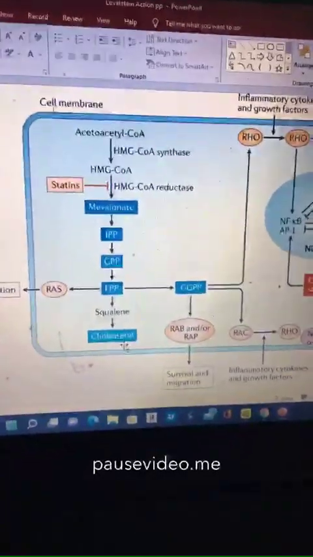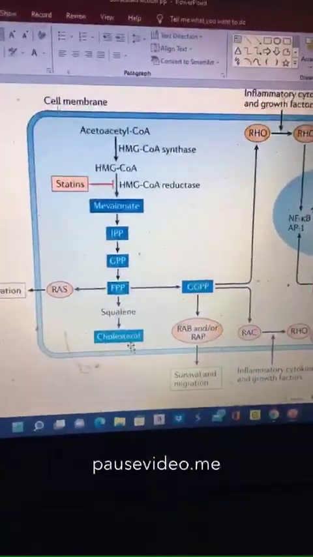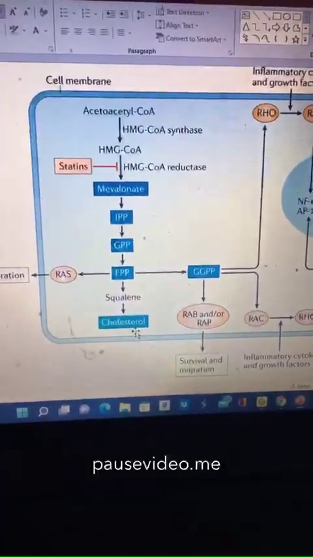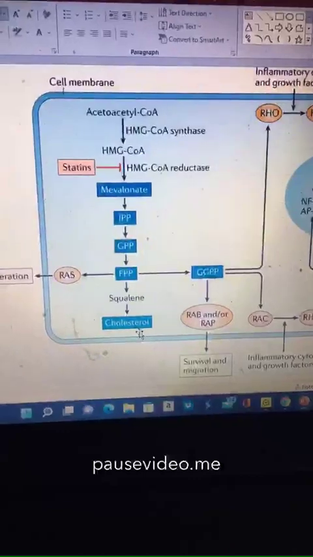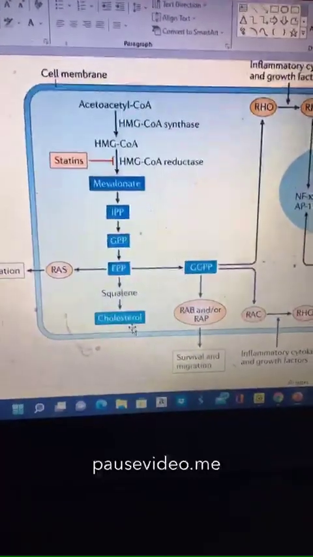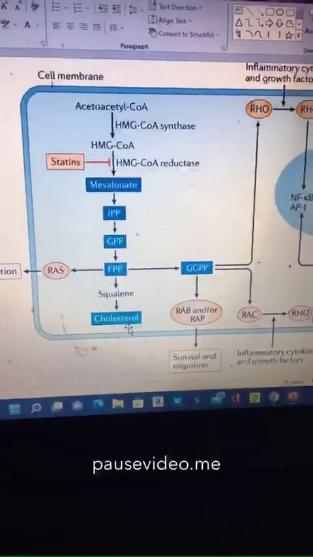So this is cholesterol. Some cholesterol obviously is still made, and our bodies do still require cholesterol to a certain degree to produce hormones, and it is structurally important to cell membranes, for instance.